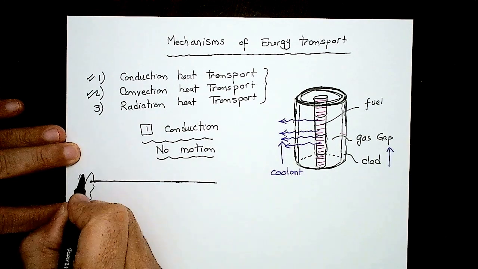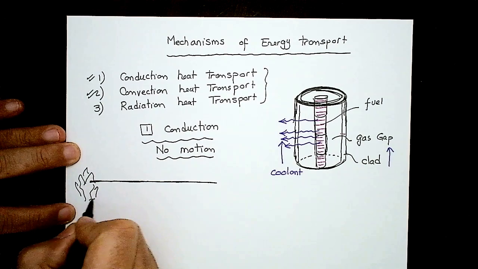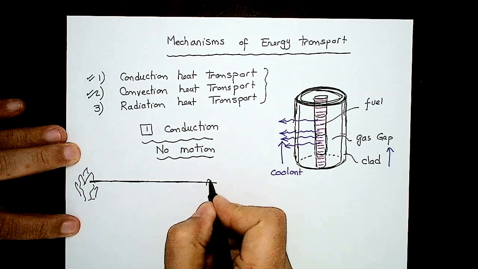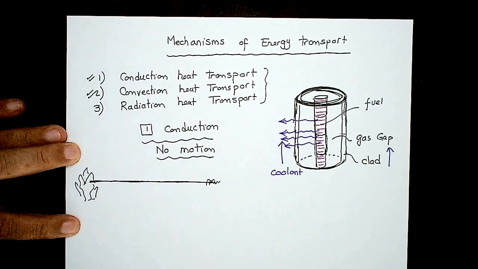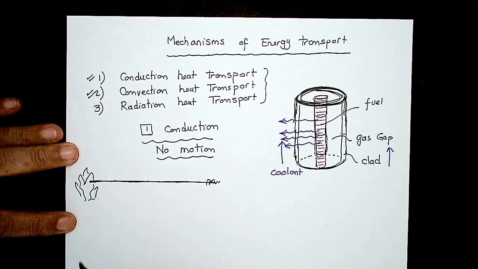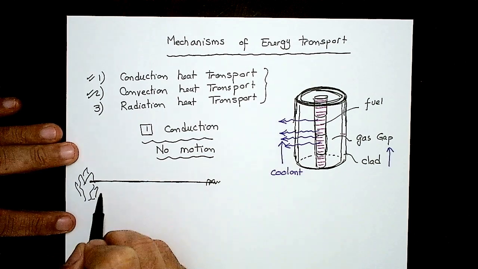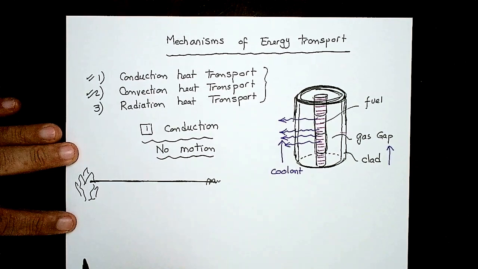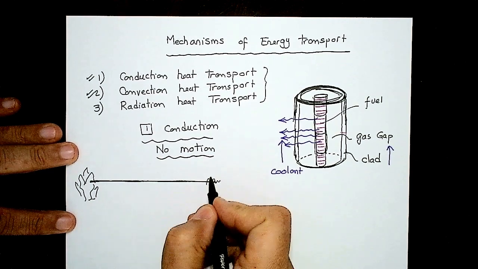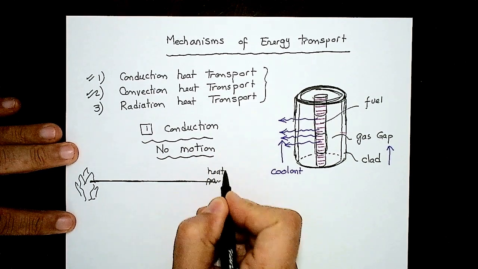One end is located inside that fire, and the other one you hold with your finger. What's going to happen after a minute or two or a few minutes, depending on the material of that bar, how long it is, and so on? We know that after a few minutes, you will start feeling heat coming to your hand, right?